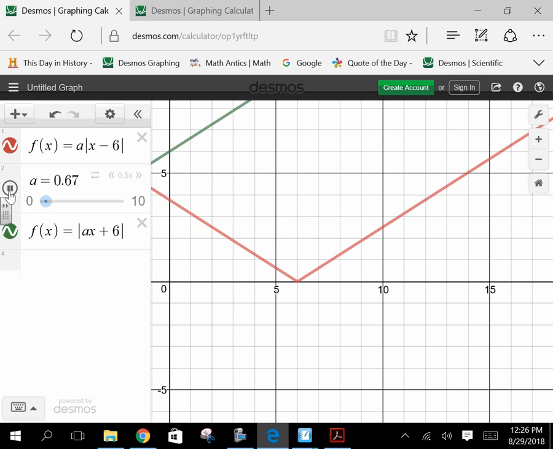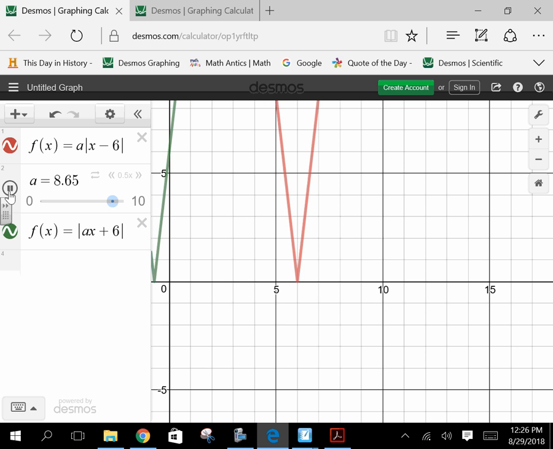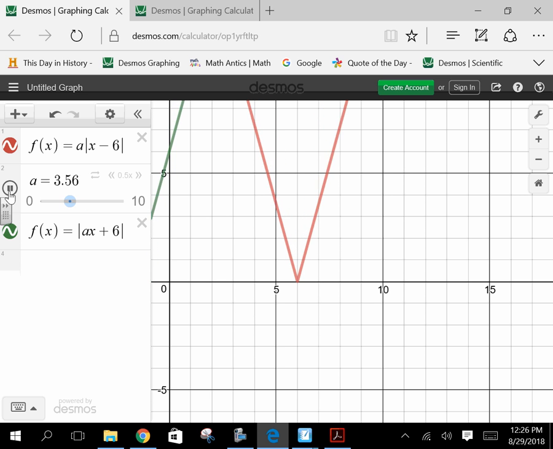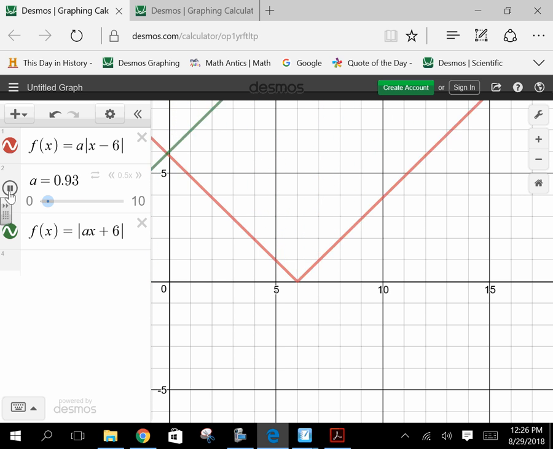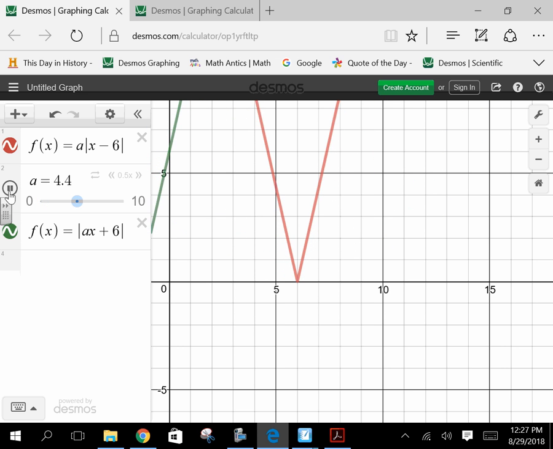It smashes. So there's a vertical movement going on with the red. Vertical stretch versus now, look at as a gets smaller. As a gets smaller, there's a vertical shrinking, especially if a gets lower than 1. Okay, so that's the red one. That's if a is outside the grouping symbol.